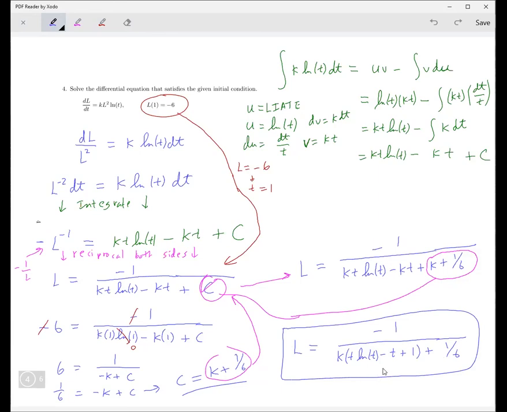And that should work out as the answer. Any questions or comments about that one? Okay, let's move on to the next exercise.